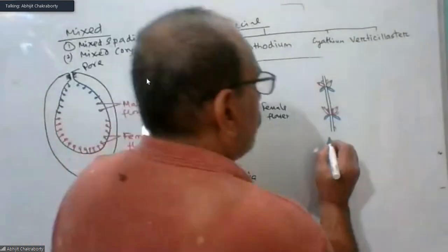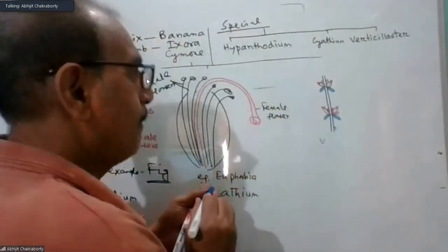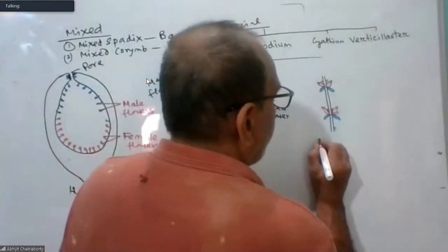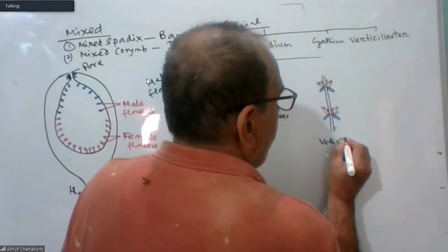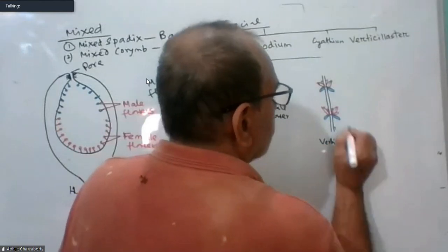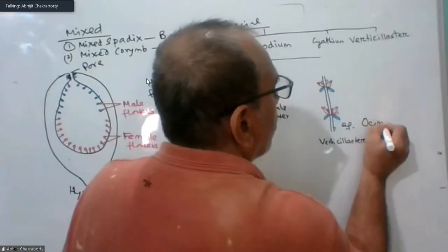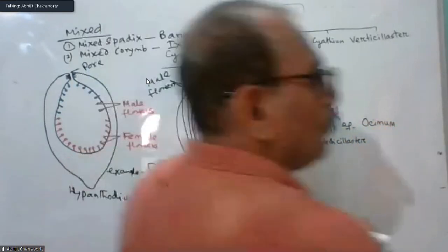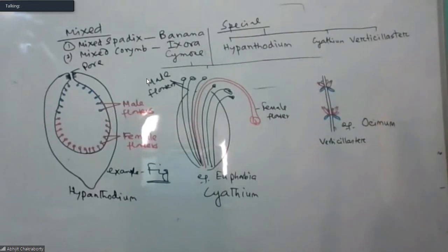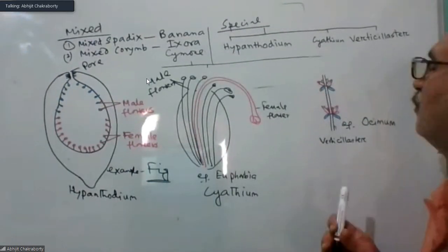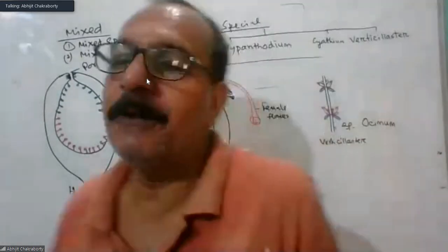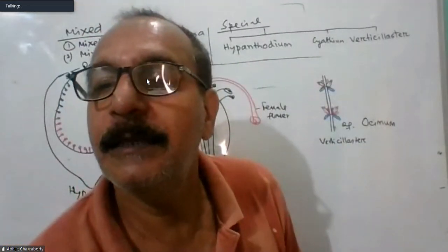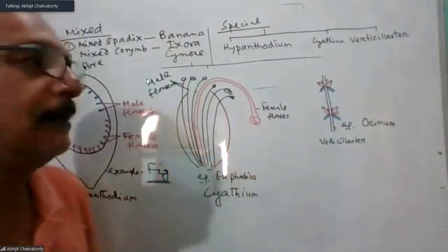So it is called Verticillaster. Example, Ocimum. Ocimum means tulsi. Clear? So there is a node, at the node, along the leaves some flowers are developed. Then you can call it Verticillaster.